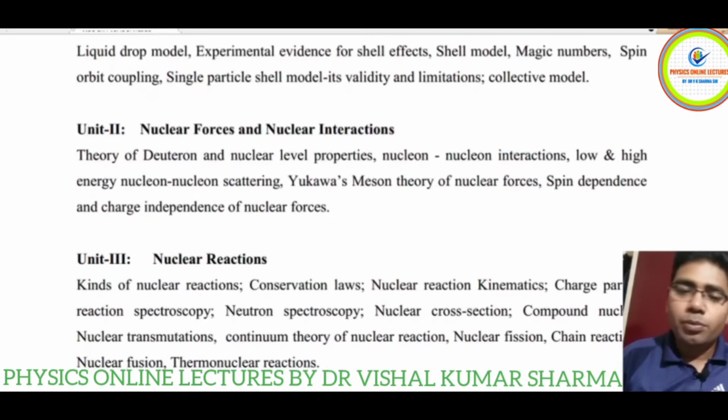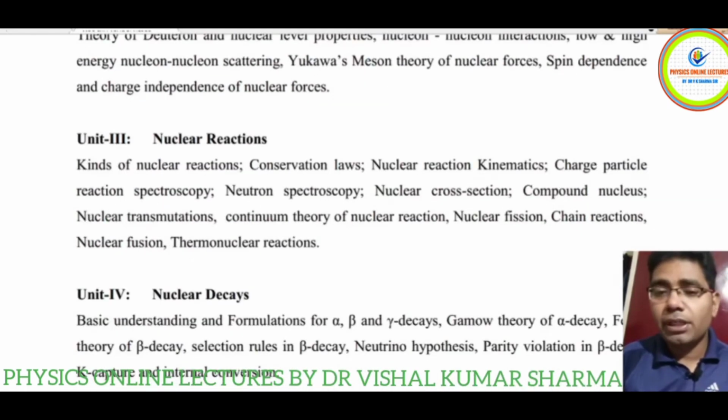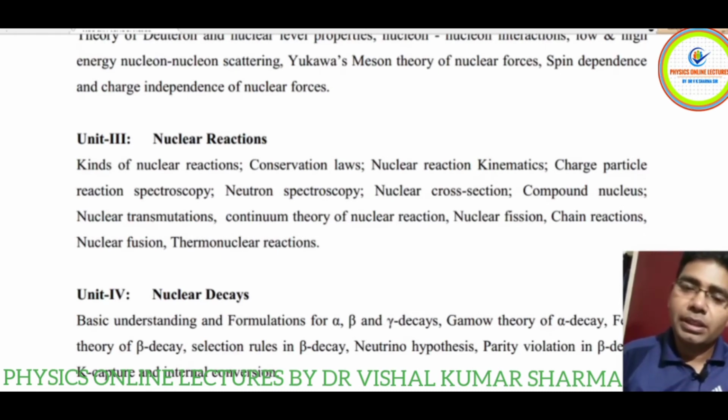So we move to the next unit, which is nuclear reactions, and in this we shall discuss the kinds of nuclear reactions. There are many kinds of nuclear reactions, and they are based on certain conservation laws. We will discuss what the kinematics behind nuclear reactions is, charged particle reaction spectroscopy, and neutron spectroscopy.